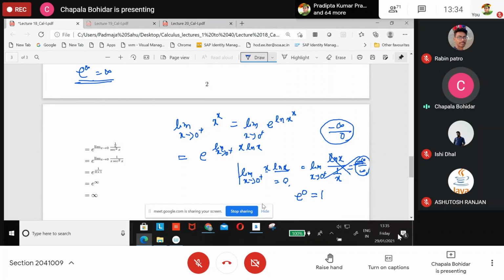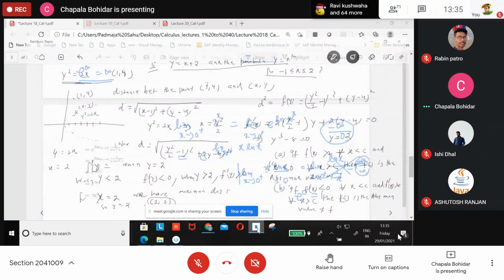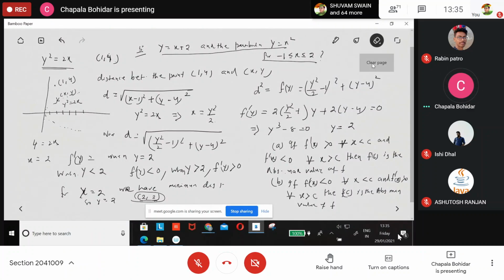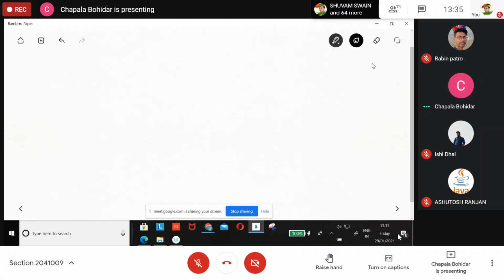So now solve one more example. Find the limit as x tends to 0 of tan x minus x divided by x cube.